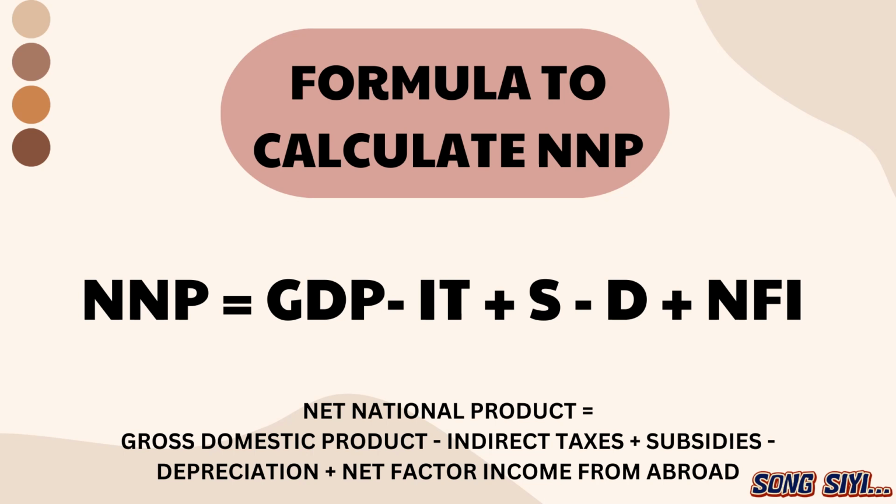Subsidies are payments made by the government to lower the price of some goods and services. Depreciation, also known as consumption of fixed capital, is the amount of fixed assets that are used up or worn out during the production process. And net factor income from abroad is the difference between the income earned by the country's citizens and the income paid to foreigners from the country.